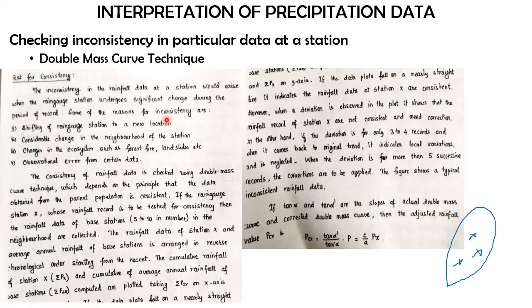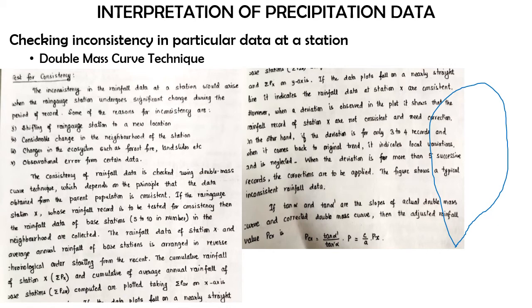Let me elaborate. Let us have one big catchment area, and imagine we have one, two, and three rain gauge stations.